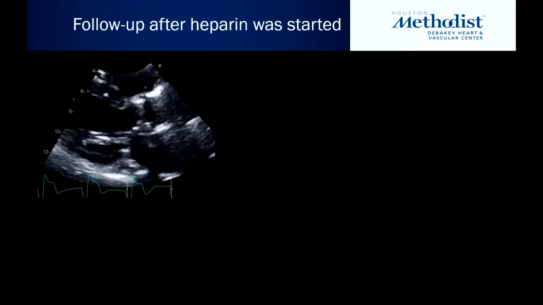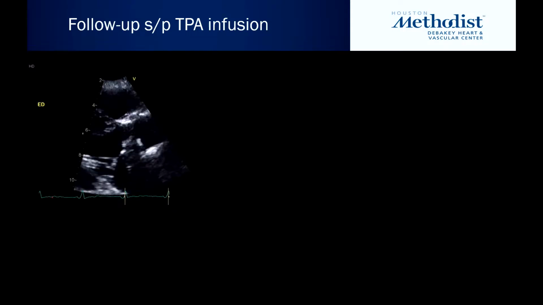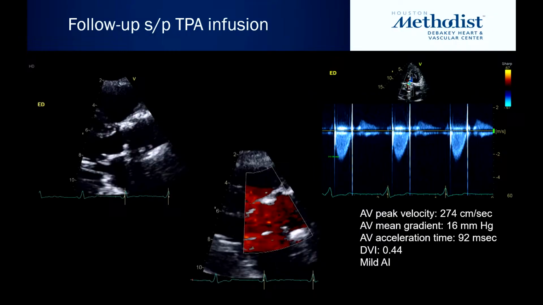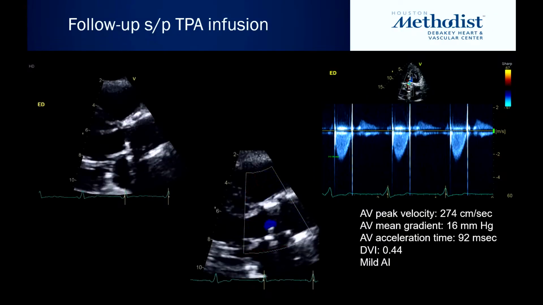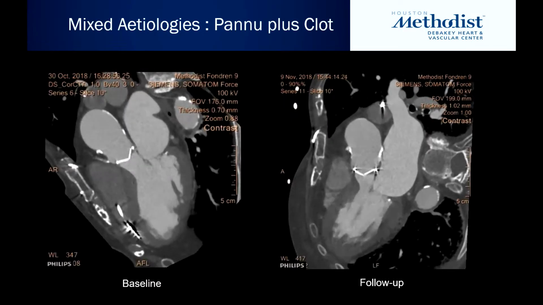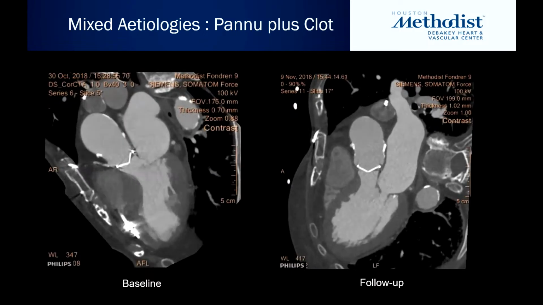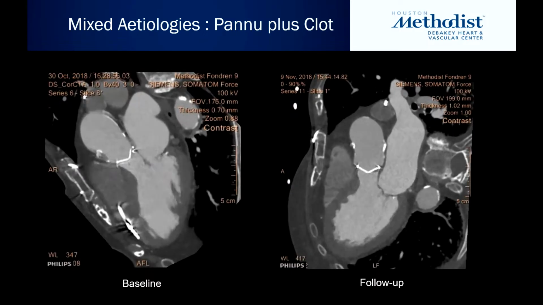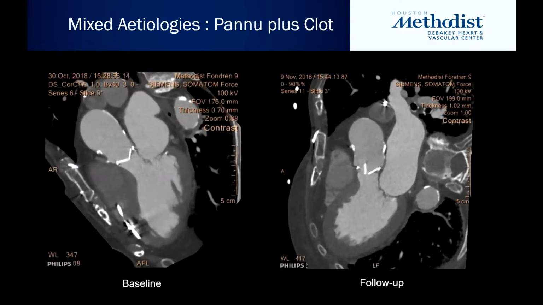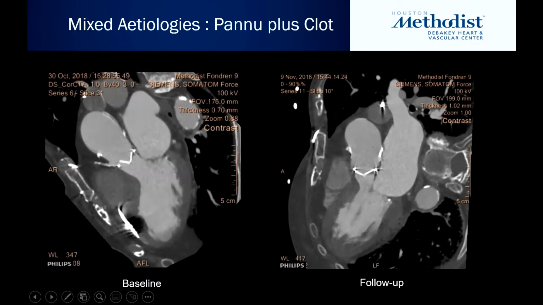So heparin was started, which didn't change too much, and the patient was given TPA, with significant improvement of the gradient, essentially a dramatic response. And follow-up CT shows, interestingly, resolution of the supravalvular hypoattenuation area, but persistence of the subvalvular hypoattenuation.